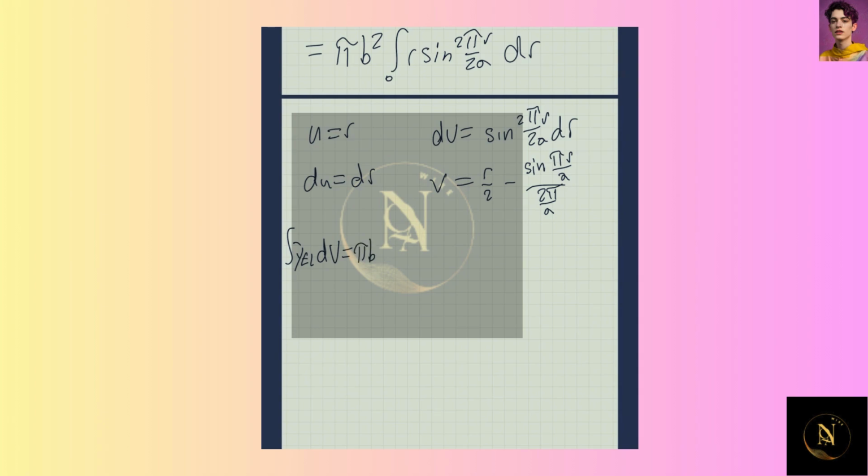Now we can plug those in. And this is u times v from 0 to 2a, and then we subtract the integral of v du.